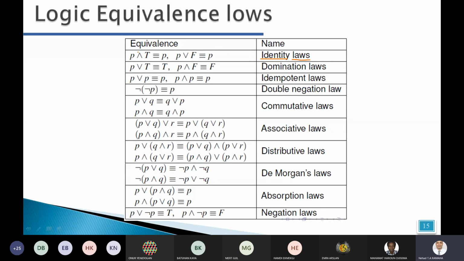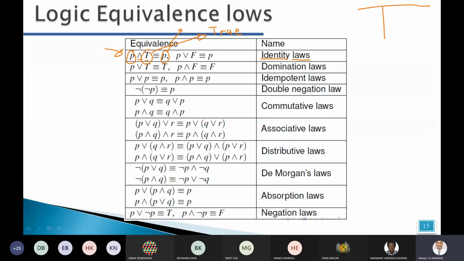The identity law mentions that if we have P and T, T means true, it's logically equivalent to P. Or in another term, the side that will define the value of this operation will be P.